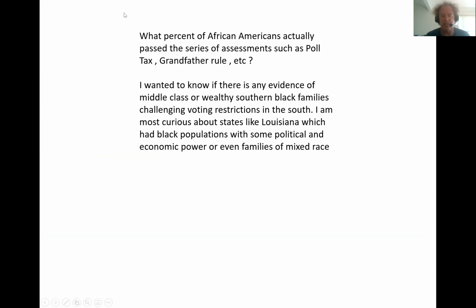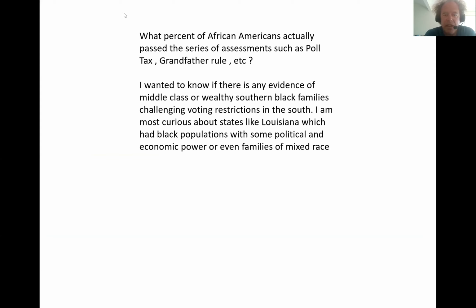The first question dealt with the most visible manifestation of the Jim Crow state constitutions, which were these efforts to restrict the voting rights of African Americans. So a couple of questions here.